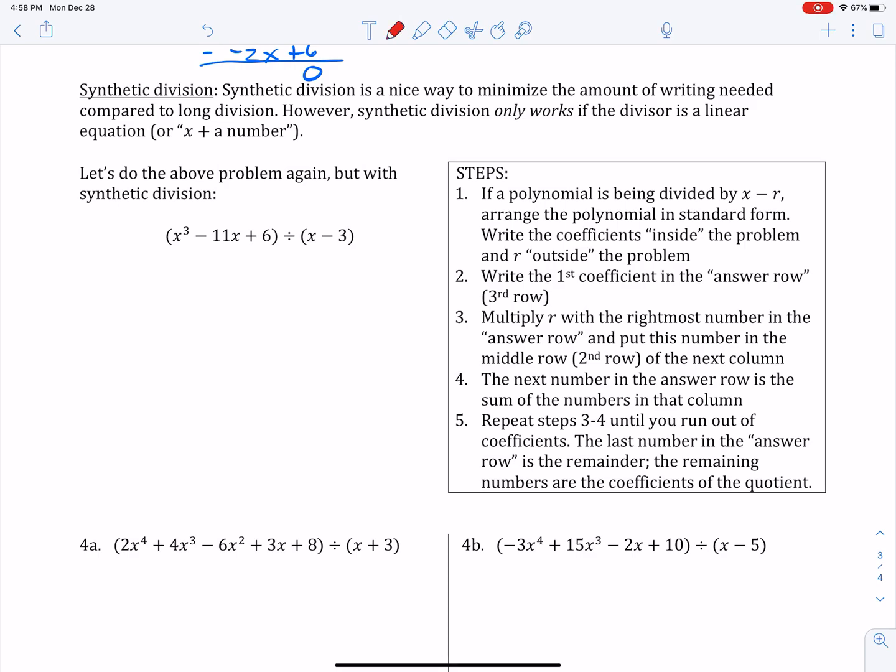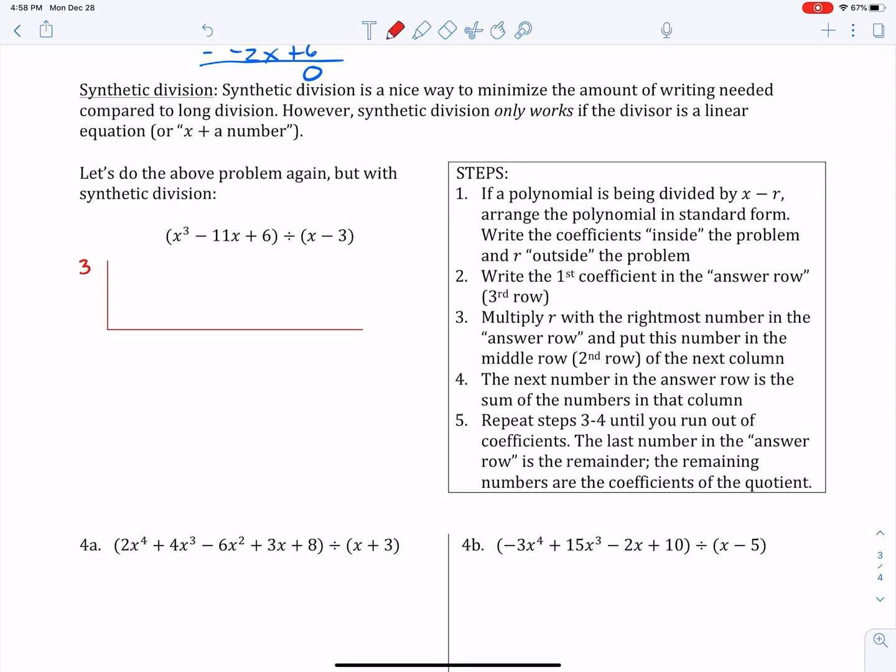And what you would do is write it out here, and then you write your box. So again, I had a negative 3 here, but I made it a positive 3 over to the left. If this was a positive 3, then you would have made that a negative 3. Just take the opposite.